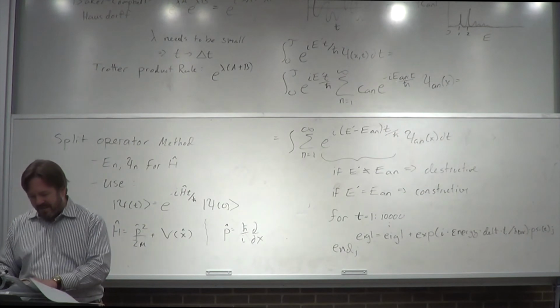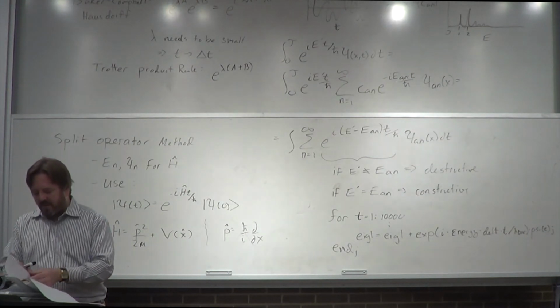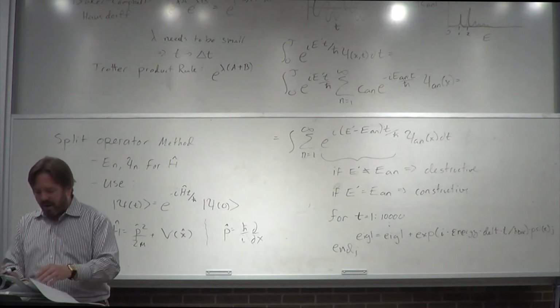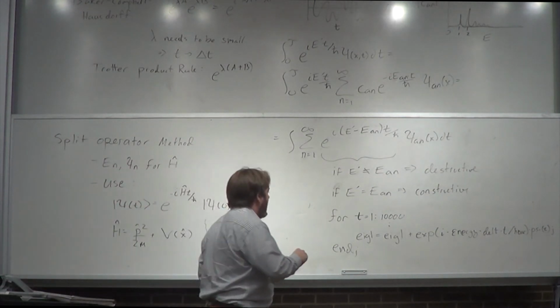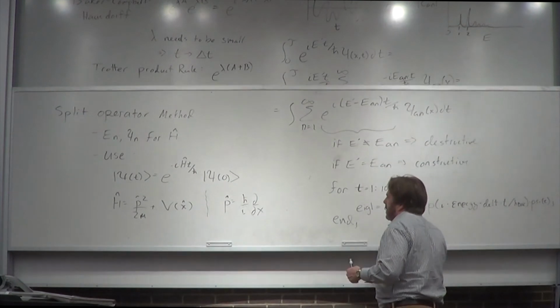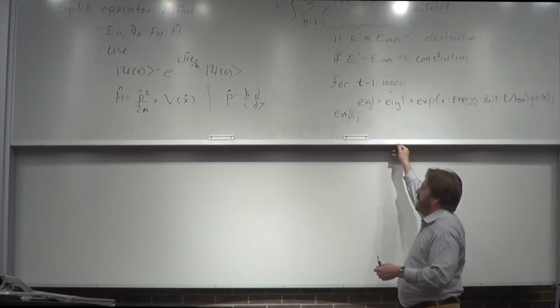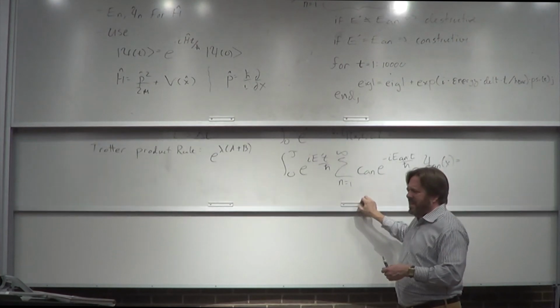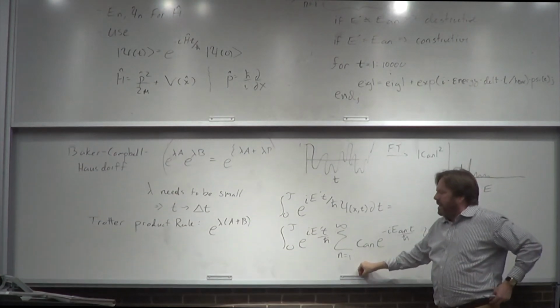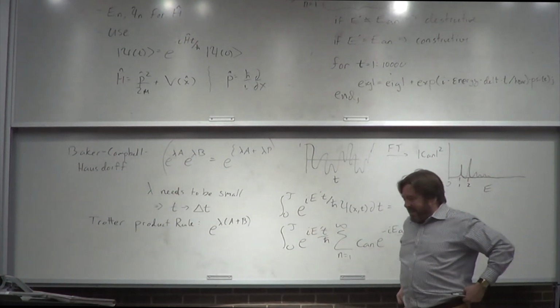Okay, last bit is to cover how you do the operator. So I mentioned that the potential operator, e to the minus i potential energy times delta t, is seriously easy.